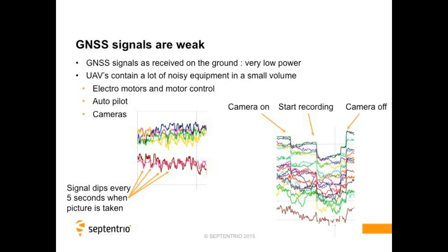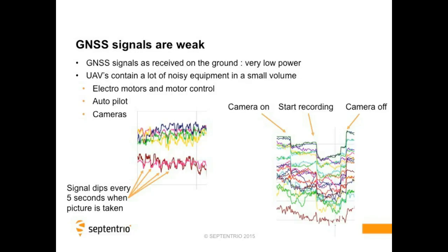And it turns out that UAVs, especially small mapping UAVs, contain quite a bit of noisy equipment that is packed into a small volume. We often have electromotors and motor control, which create quite a bit of digital noise, but also the autopilot and especially the cameras turn out to generate quite some noise.